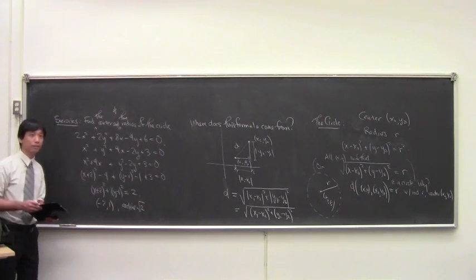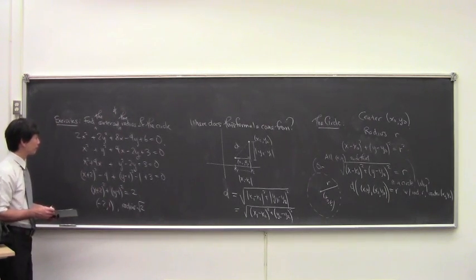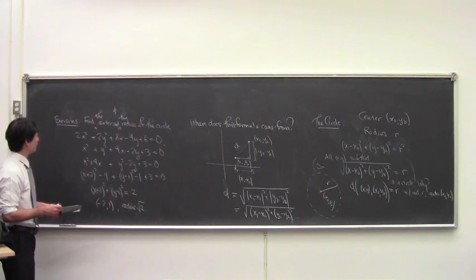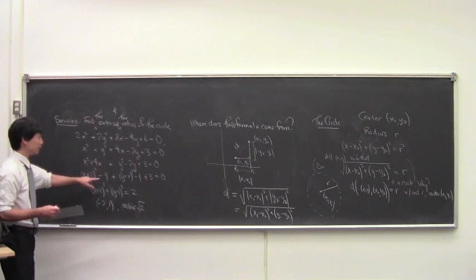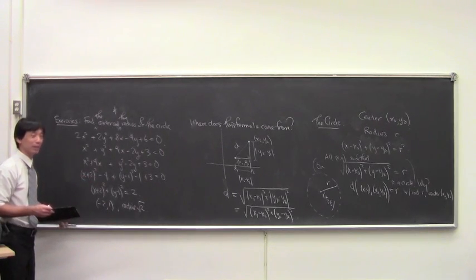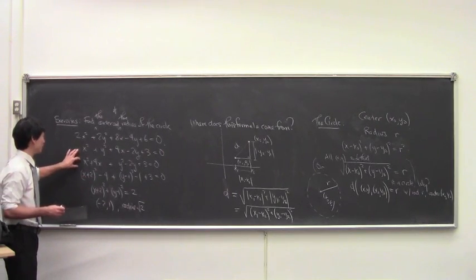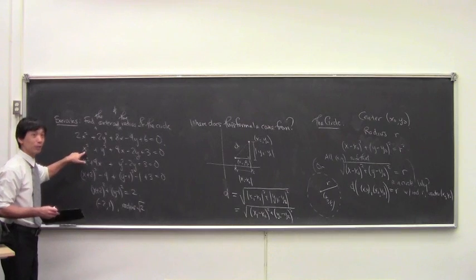Would it have still worked if you hadn't divided by 2 in the beginning? It would have worked. Everything just would have been multiplied by 2. It would have been harder to do. At least it's easier for me to do completing the square if the coefficient of the square term is 1.